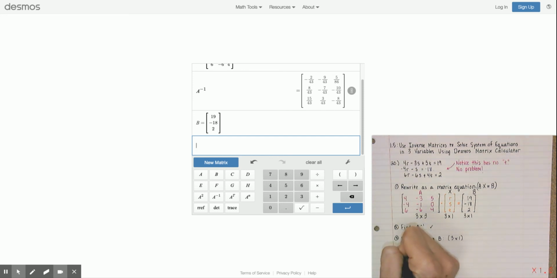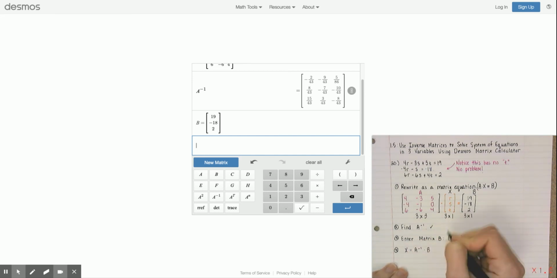Step 4, we're ready to write it into our new form. X equals inverse of A times matrix B. And calculate this in Desmos.